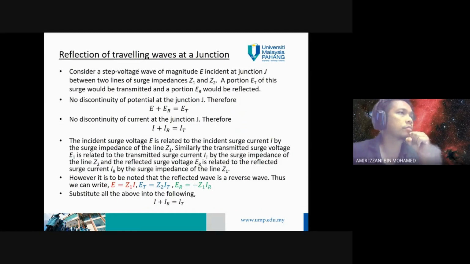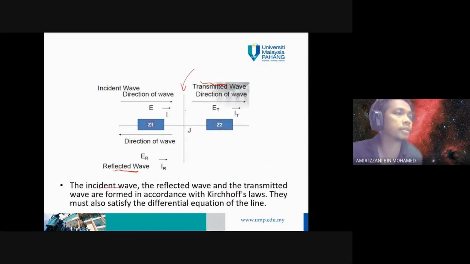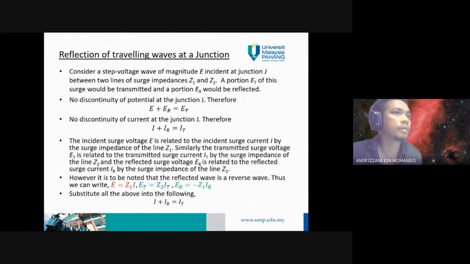Reflection of a traveling wave at a junction. Consider a step voltage wave of magnitude E incident at junction J between two lines of surge impedance Z1 and Z2. Refer to this figure. A portion ET of this surge will be transmitted, that's why it's T here, and a portion ER will be reflected.